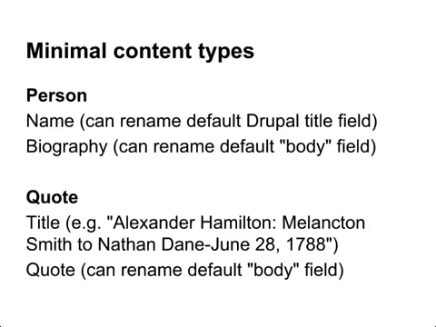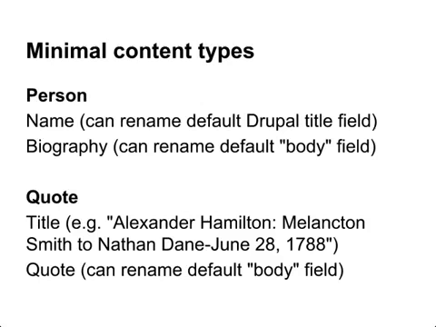Likewise, with associations between persons and quotes, if we put all this information in the title, then we, as literate people, can read the quotes and see, all right, this has to do with Alexander Hamilton, and it was written by Mellington Smith. But there's no way for Drupal to associate the people with the quotes and draw together all of the quotes about a certain person unless we have a field that calls that out.